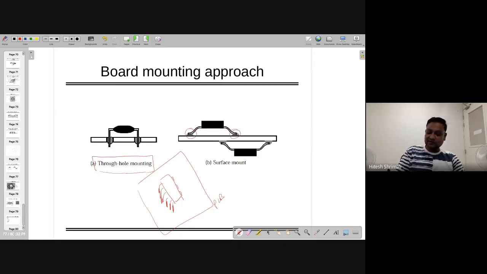Look at this. This particular plane is the PCB. So both sides they are connected, but they are not going through the board. It's on the board only, and such kind of ICs or devices are known as surface mounting devices or the SMD devices. So such kind of things you must have seen.